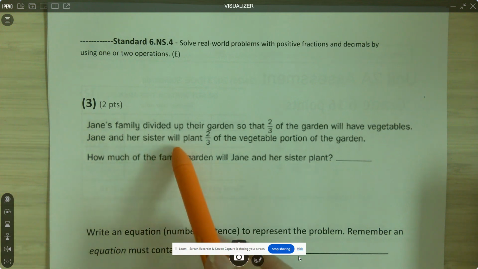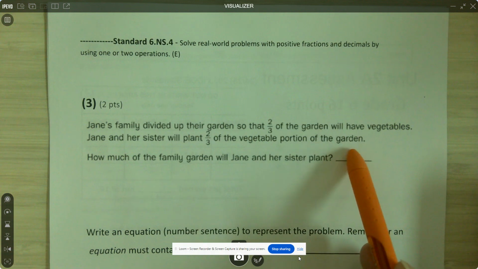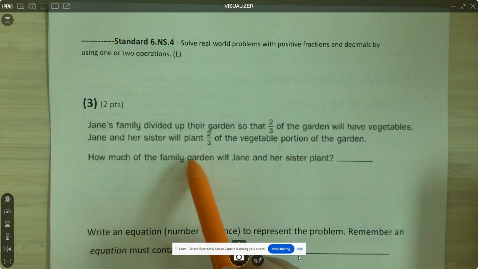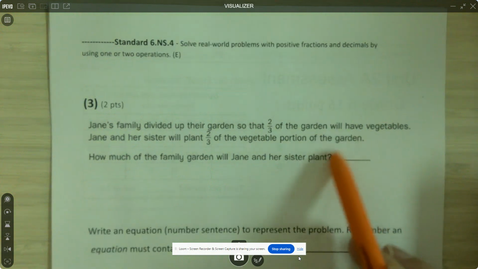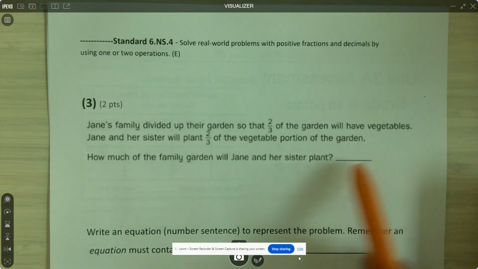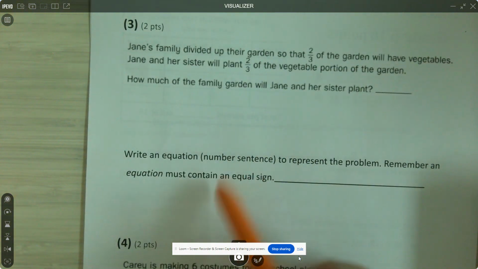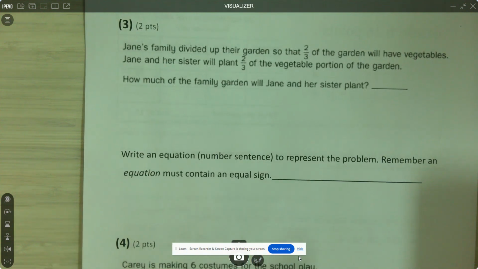Jane and her sister will plant 2/3 of the vegetable portion of the garden. How much of the family garden will Jane and her sister plant? Okay, you will write your answer on this line right here. And then you have room, both right here and right here, to solve the problem.